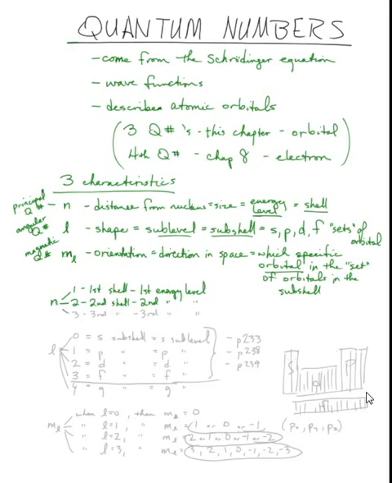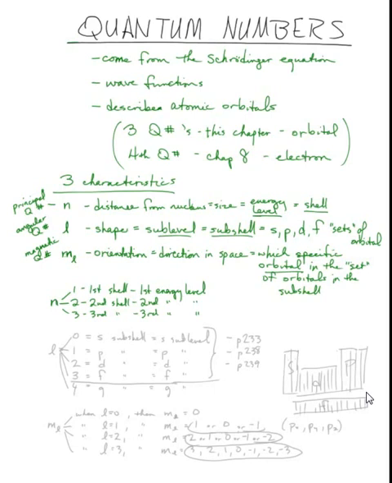l. The values of l can be 0, 1, 2, 3, and actually it can go on and on because there are others that we don't actually usually use. The 0 value for l is the s subshell.